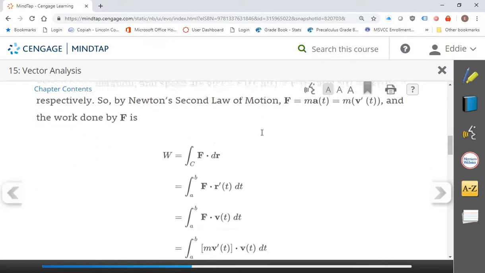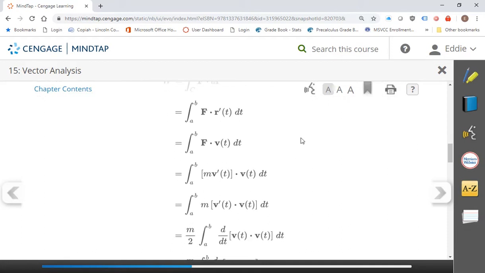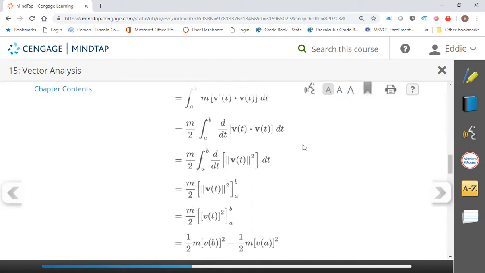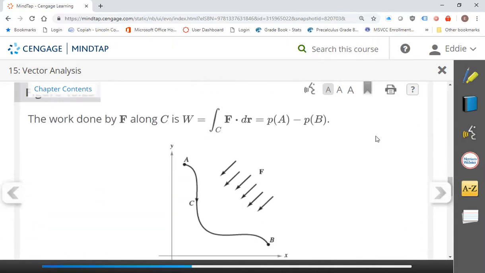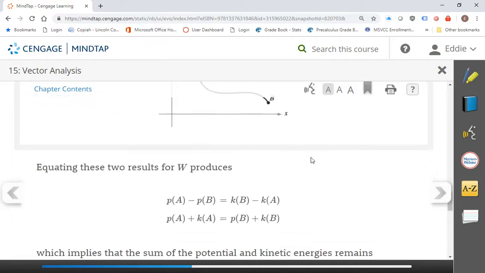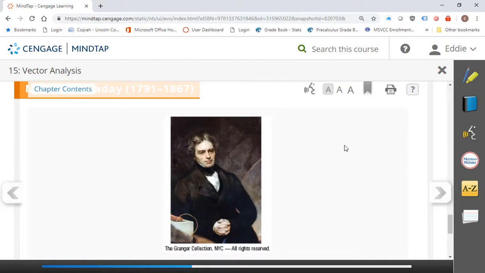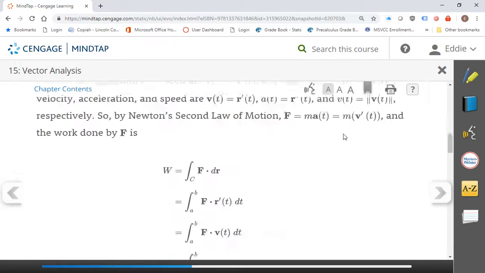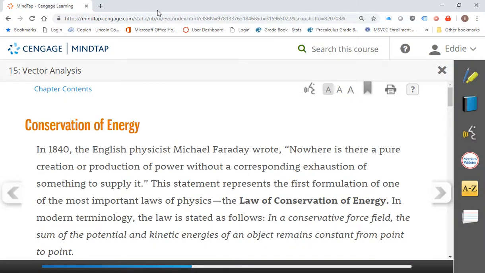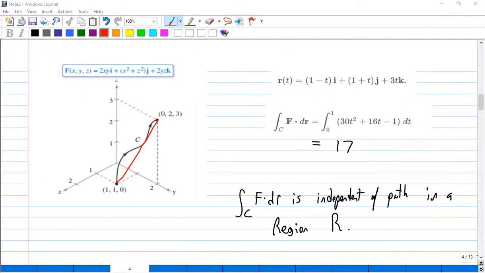All right, and basically you can do kind of the same thing, but it's a little different. So the work done along F is P of A minus P of B. Okay? Thanks, Faraday. All right, but I just wanted to show y'all that. So it is applicable to, y'all probably did that in Physics 1. All right.